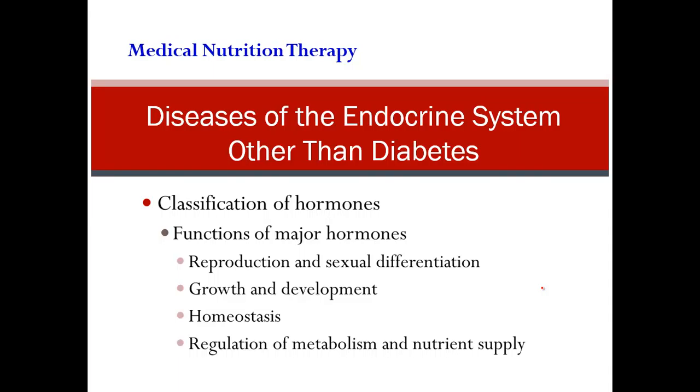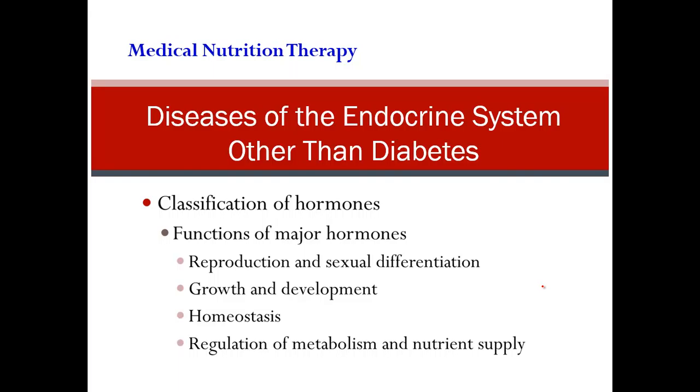We learned in anatomy and physiology that the endocrine system is responsible for secreting a lot of hormones. Based on the functions of these hormones, we can classify the major hormones into 4 categories. Number 1, hormones responsible for reproduction and sexual differentiation.